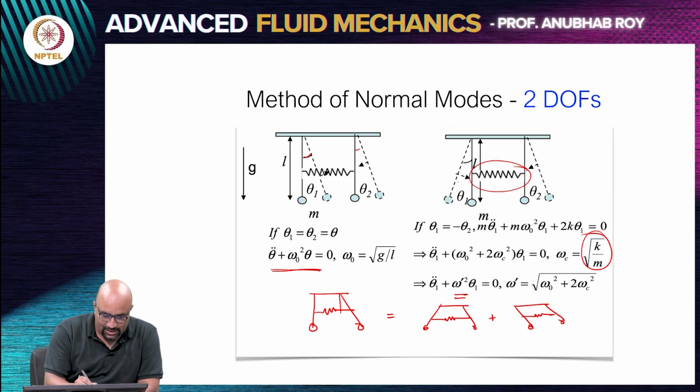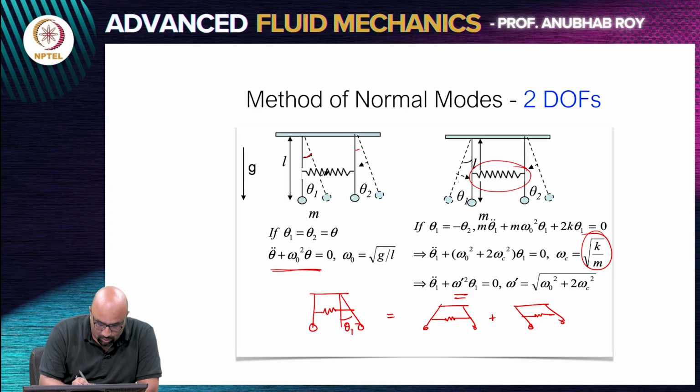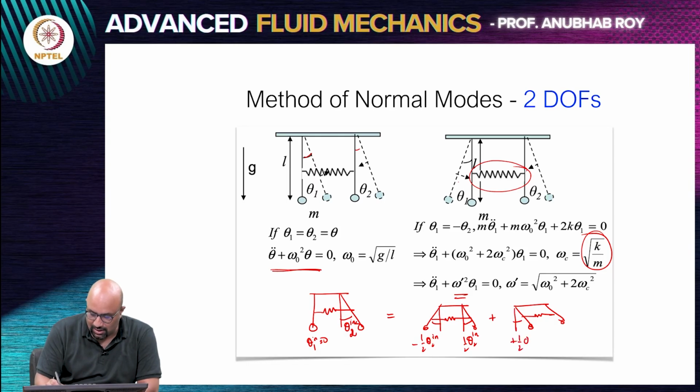right? If I am saying that initially I give some theta 2 initial, and theta 1 initial is equal to 0. Then this one can be half theta 2 initial, this one is minus half theta 2 initial, and here this is plus theta 2 initial, and this one is plus half theta 2 initial.